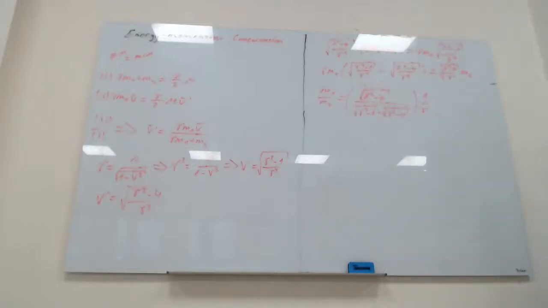Okay. Now we use the assumption that gamma is much greater than 1, and we can simplify it even more.